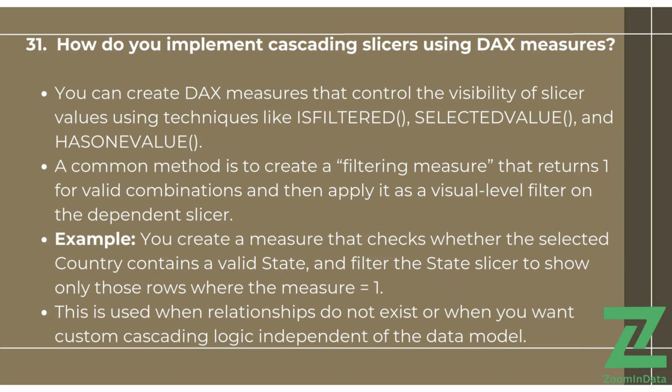Example: you create a measure that checks whether the selected country contains a valid state, and filter the state slicer to show only those rows where the measure equals 1. This is used when relationships do not exist or when you want custom cascading logic independent of the data model.